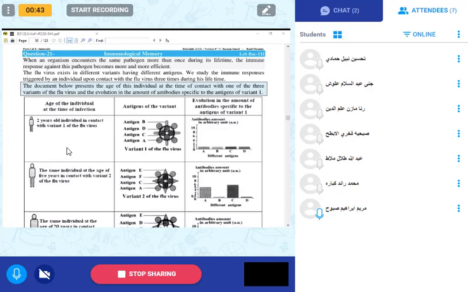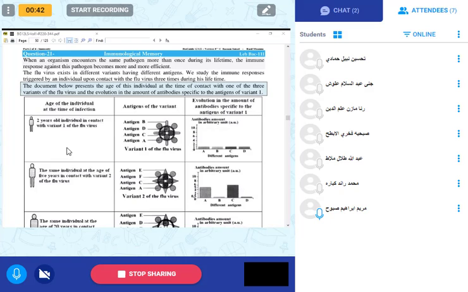Okay. For this variant, Maryam, we identify how many antigens? We have 4: antigen A, antigen B, antigen C and antigen D. Okay, A, B, C and D. You can see here, Maryam, that some of them are on the outside while the others are on the inside, right? Yes. So the antibodies usually bind to the outside or to the inside?